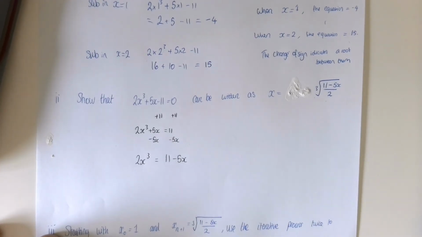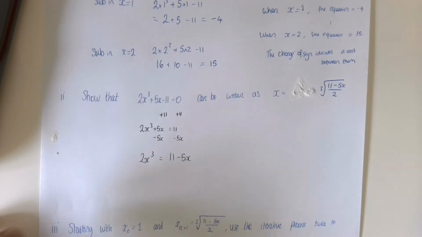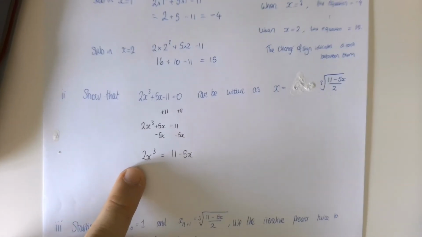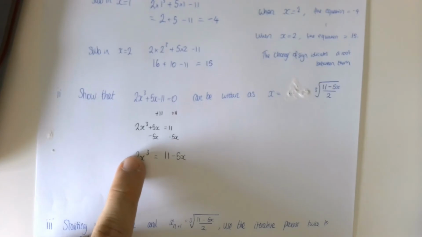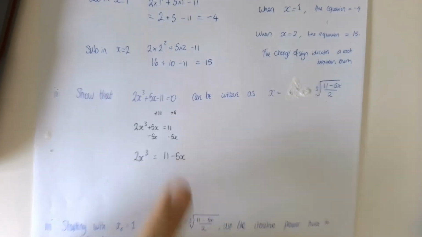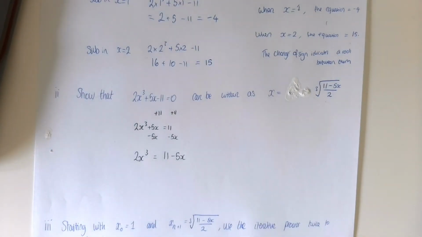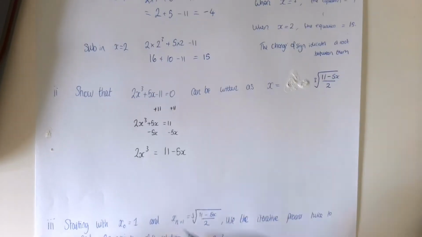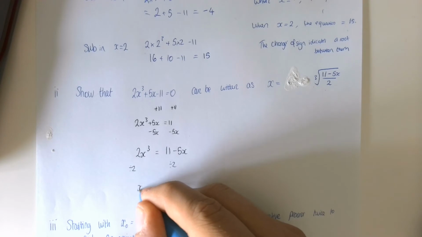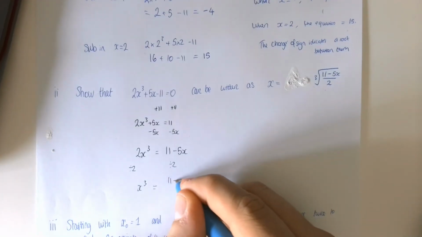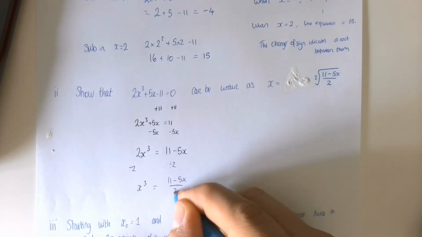Now I could cube root everything right now, or I could divide everything by 2. Now if I look at what I've got here, think about my rules of algebra, I'm going to want to divide everything by 2. Everything is cube rooted, so that needs to be the very last thing that I do. So I'm going to just divide everything by 2 to give me x cubed equals (11 minus 5x) over 2.